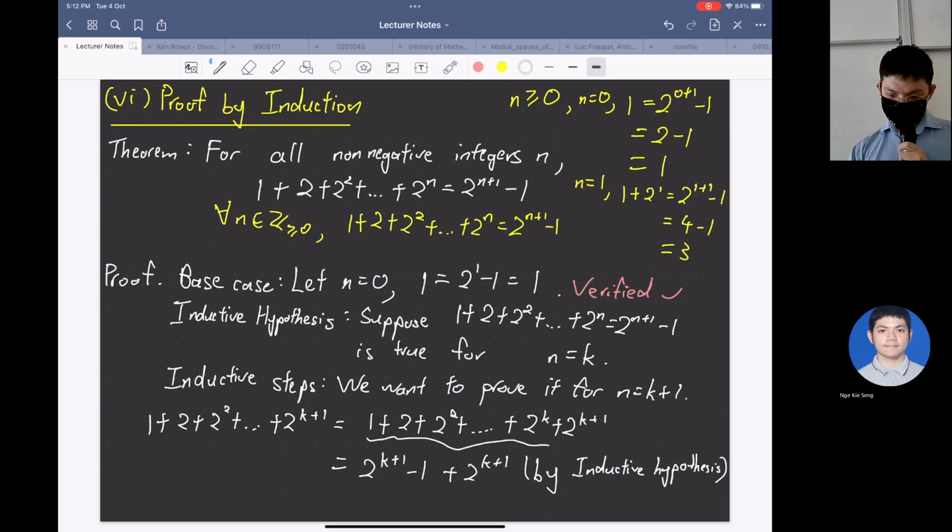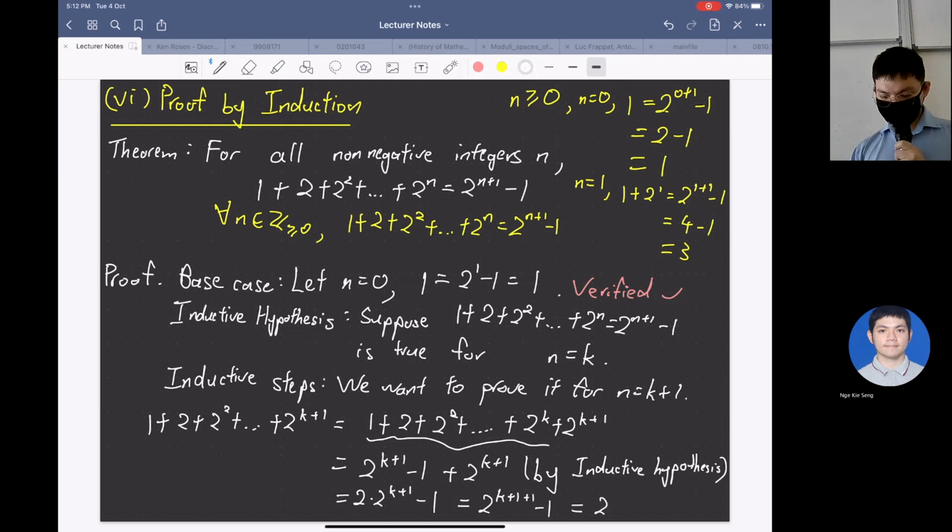See? So I suppose it is true for n equals to k. So I can put this in. And then I got 2 times 2 to the k plus 1 minus 1, which is equal to 2 to the k plus 1 plus 1 minus 1.